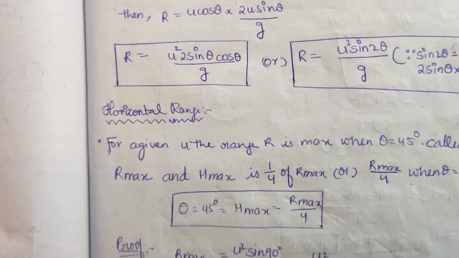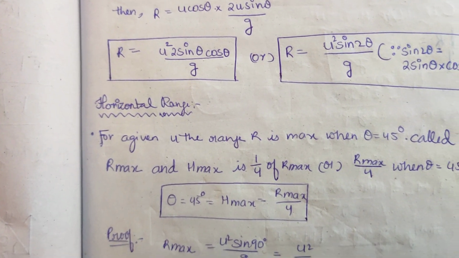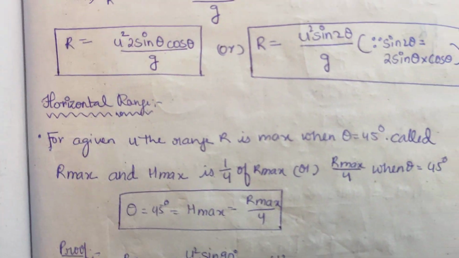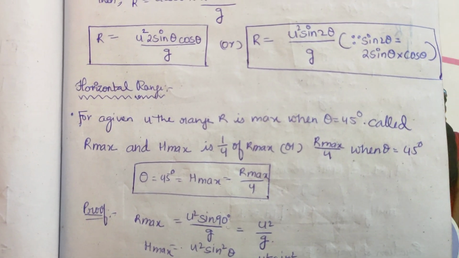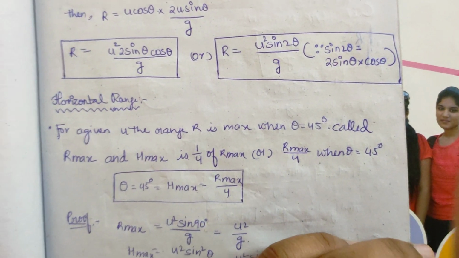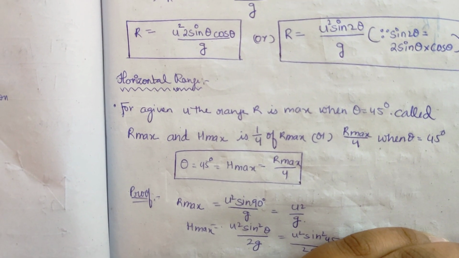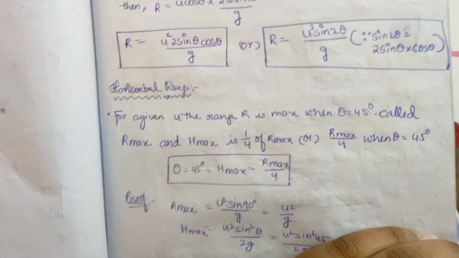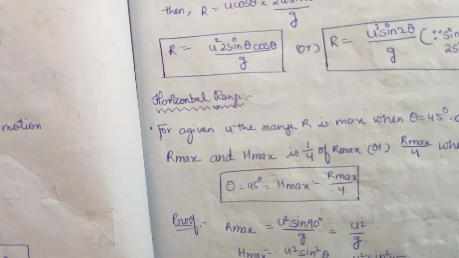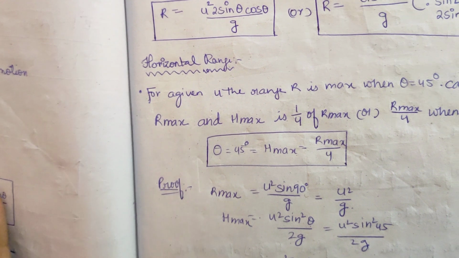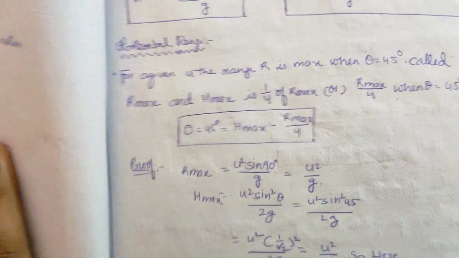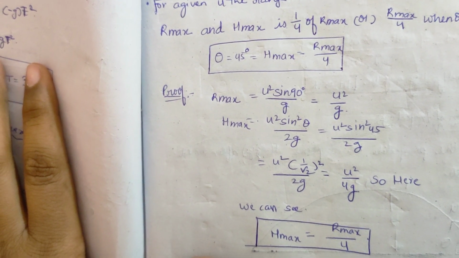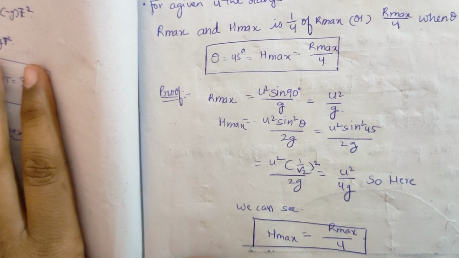Now let us know about horizontal range. For a given u, the range R is maximum when theta equals 45, called R max, and H max is 1 by 4th of R max, or R max by 4, when theta equals 45. So at theta equal to 45 degrees, H max equals R max by 4. Now the proof: R max equals u square sin 90 by g equals u square by g.